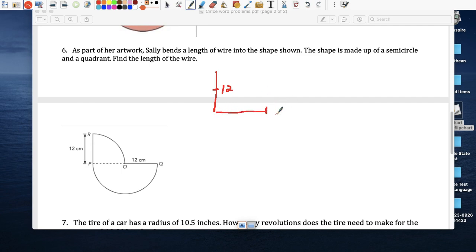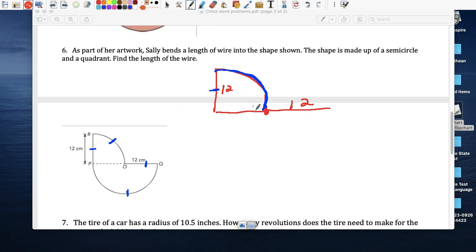And this is the center of the circle. They're telling us that this is also 12. So let's identify the parts. I need to find what this is, and this. There are 4 parts that I need to add. This one I already know, it's 12. Now this part right here is 1/4 of the circumference of that circle.